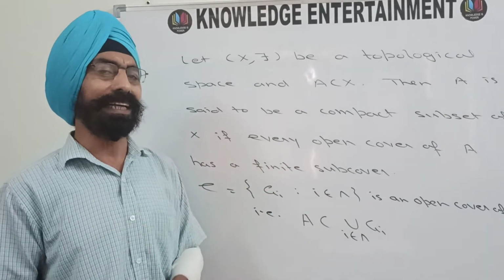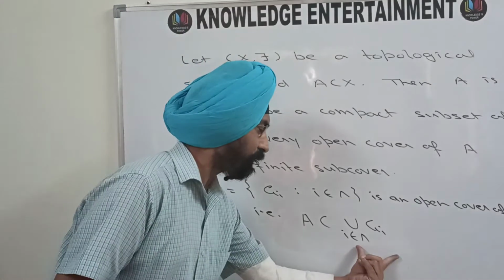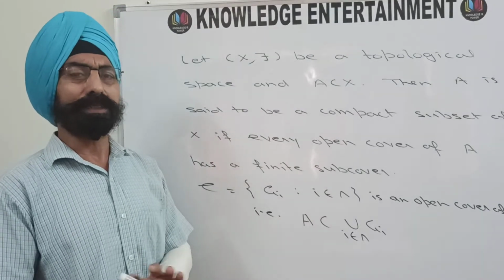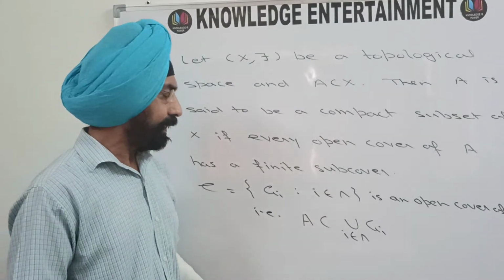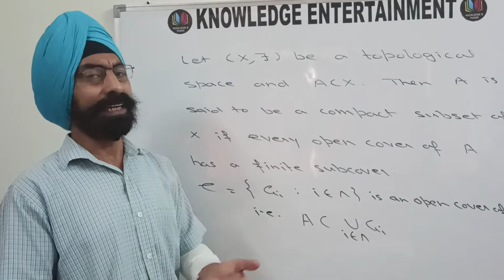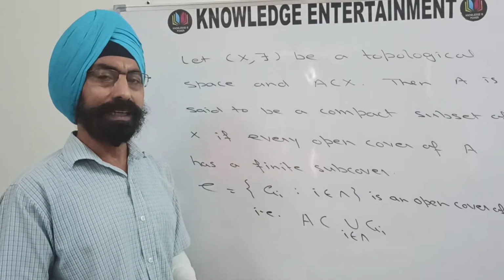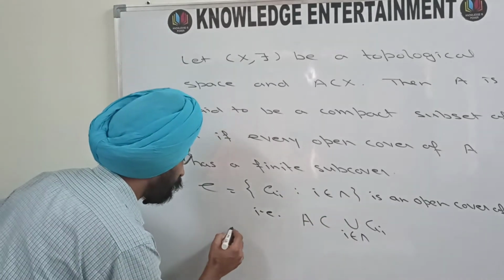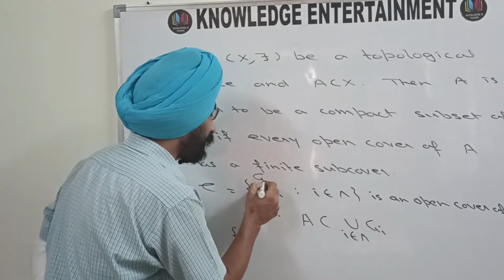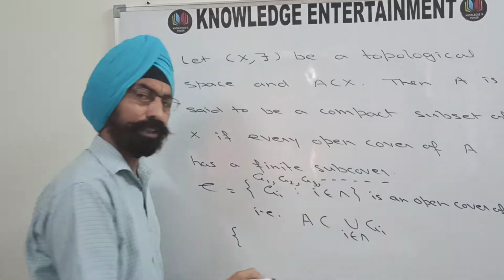Now C has a finite subcover. C has a finite subcover means here the number of members may be infinite, but sometimes it happens that we don't need each member to cover A. There are a finite number of members of this collection which can cover A. Suppose this collection, I'm naming it as G1, G2, G3, G4 and so on.